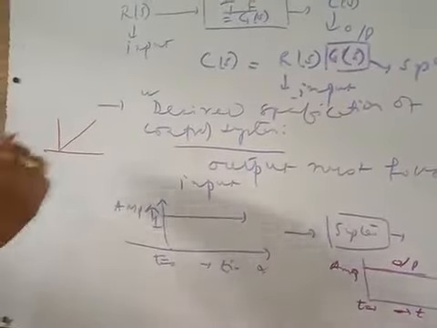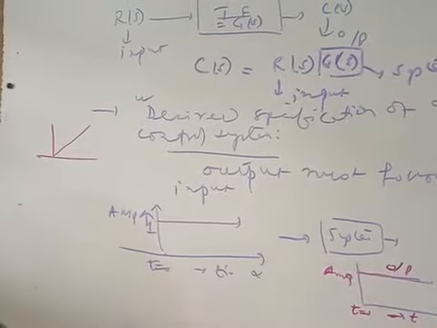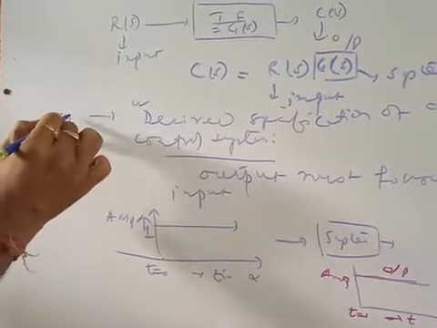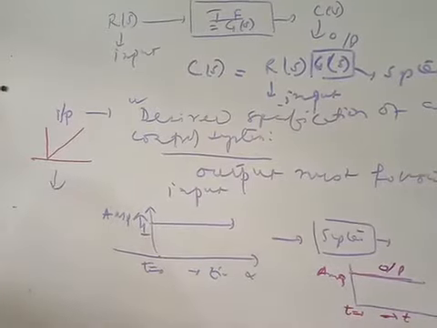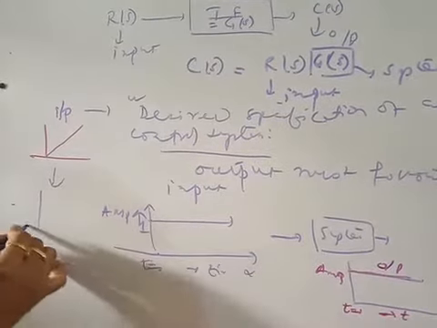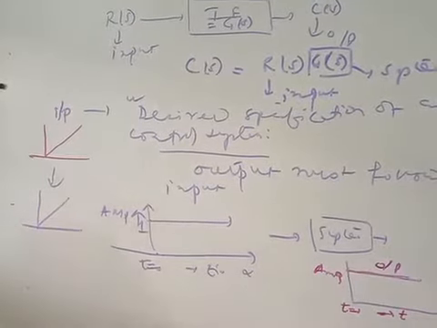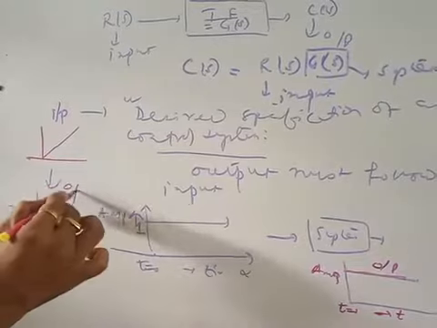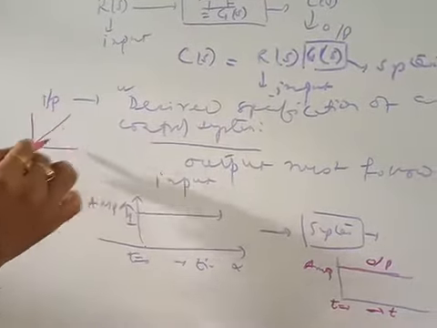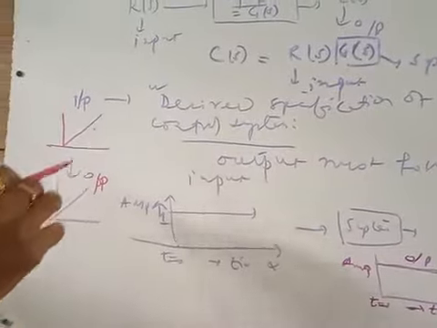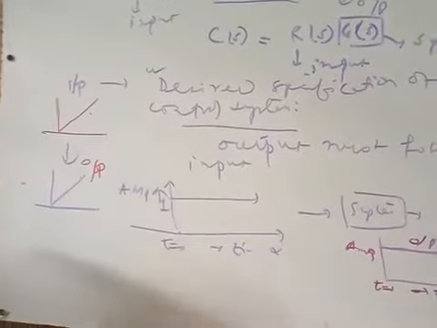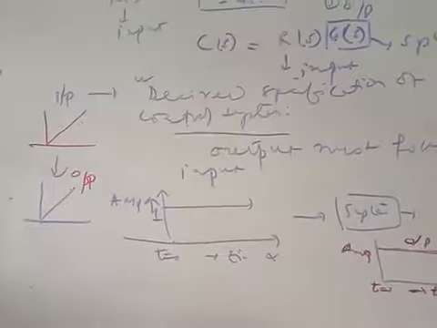Then the output corresponding to this should be like this, but the actual output is not following in a similar fashion. There is a certain difference, and how this difference is obtained, we will show mathematically.